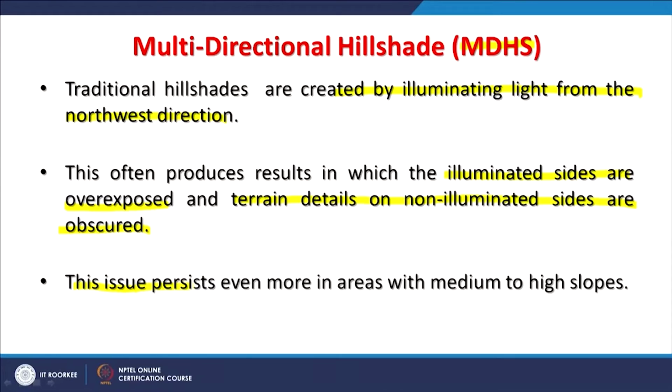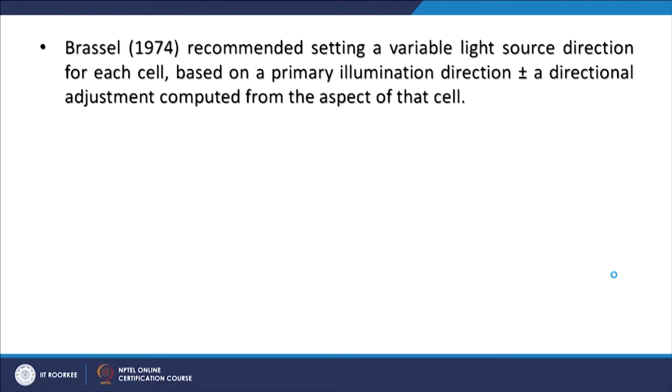The issue persists even more in areas with medium to high slopes. There only we require this hill shading many times, and the problem becomes obvious in case of hilly terrain. So Brassel, in 1974, started working on this and recommended setting a variable light source, multiple light sources, for each cell based on a primary illumination direction, plus or minus a directional adjustment computed from the aspect of the cell.